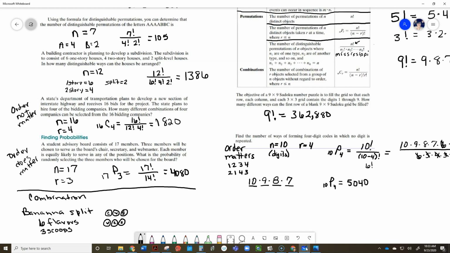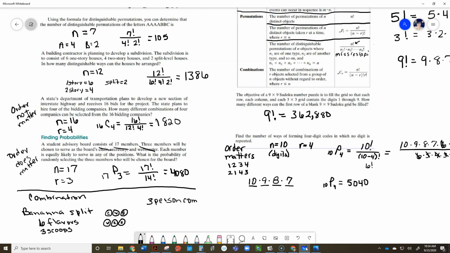This 17 student advisory, if I didn't name those, if I just said I need a 3-person committee, I'm just going to pick 3 people to represent. They don't have titles. They're just going to serve together, that's a combination.